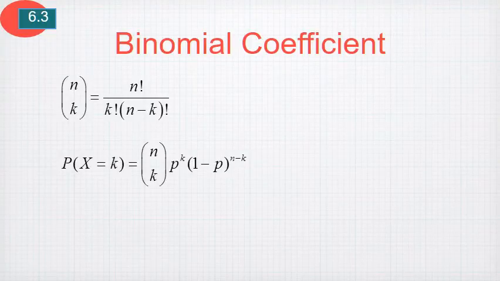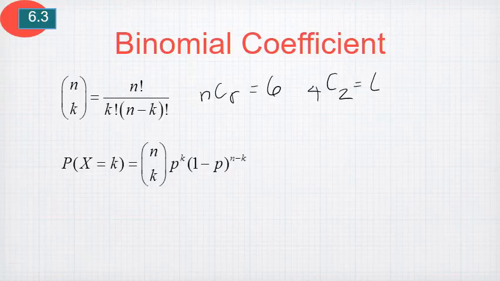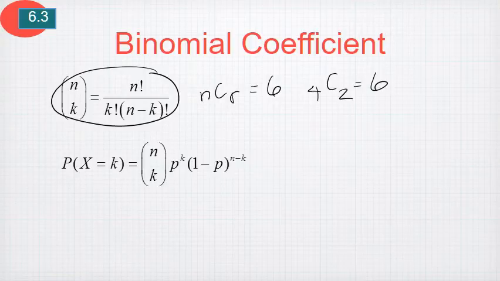Okay, so now what we're doing is we're taking what we just did, our nCr, which we found was 6 when we did 4C2, and that's this whole big equation, and we're going to plug it into the probabilities that we did before. So our previous equation, we said the number of possible outcomes times the probability of your successes times your number of successes times the probability of the complement times your number of failures.